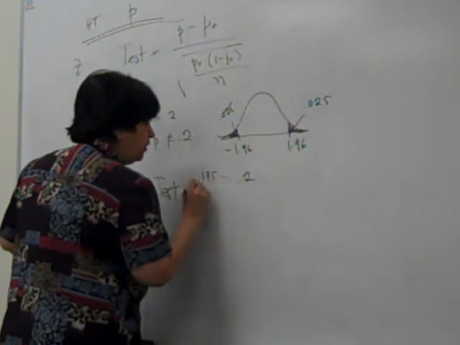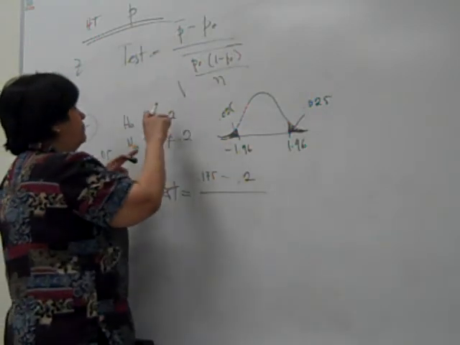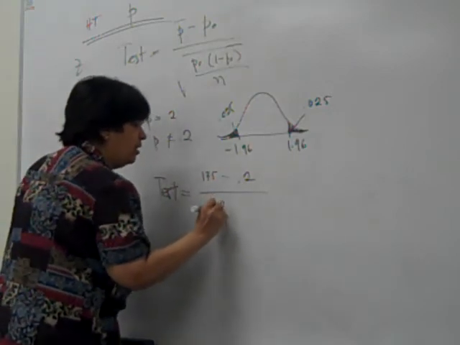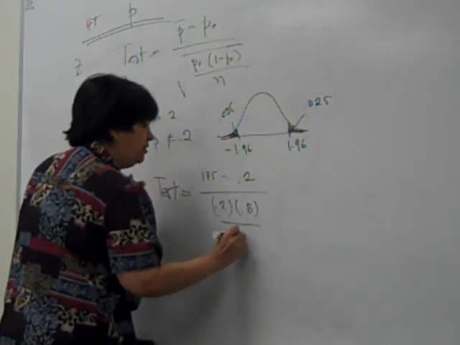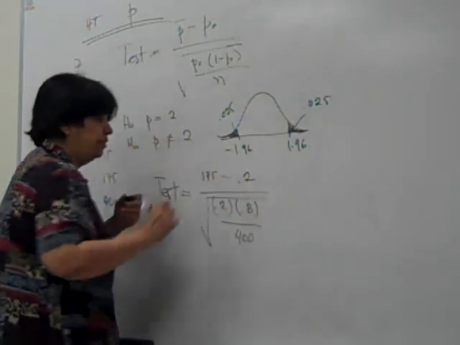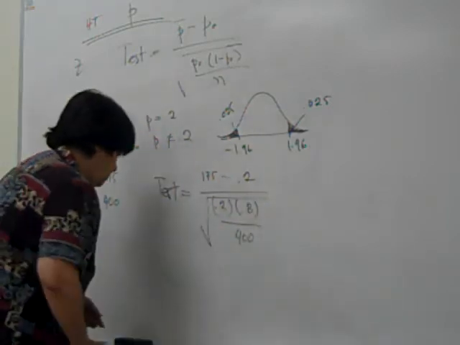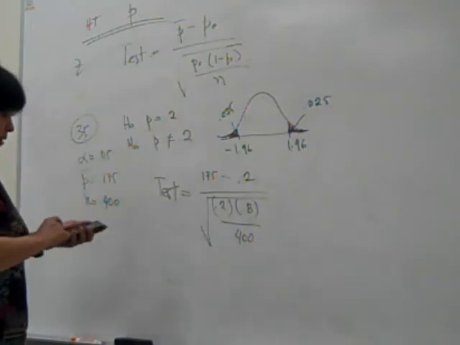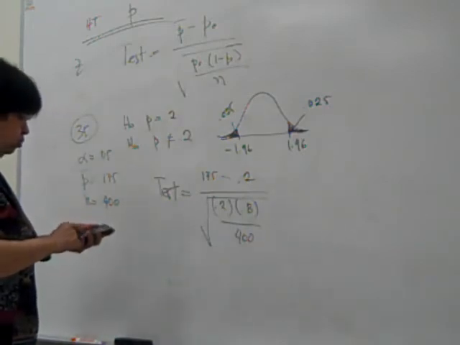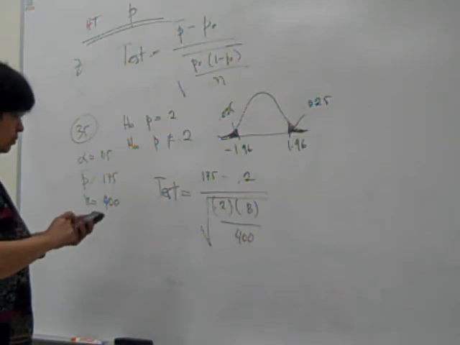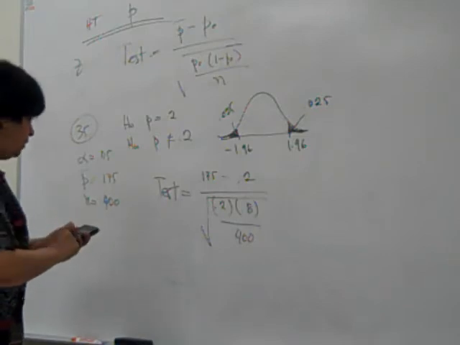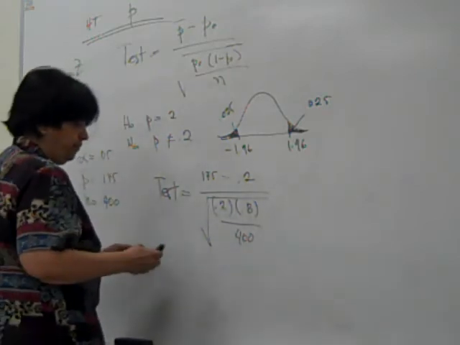That is the 0.2, divided by the square root of p0, 0.2, times 1 minus p0, 0.8, divided by n, that is 400. So what is this value? Negative 1.25.